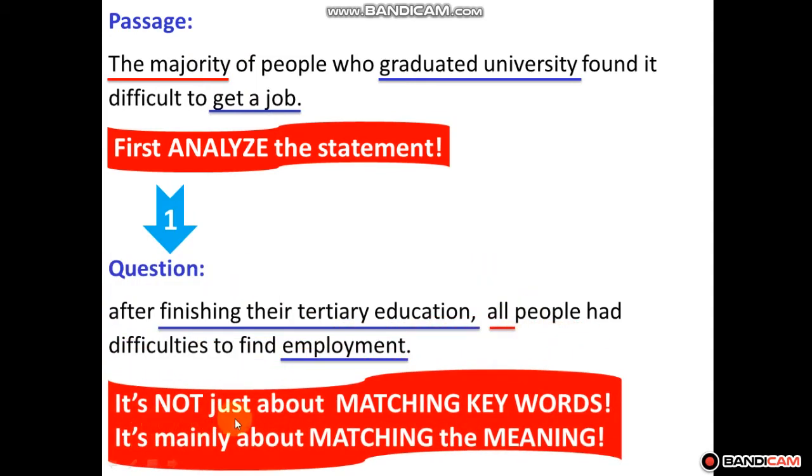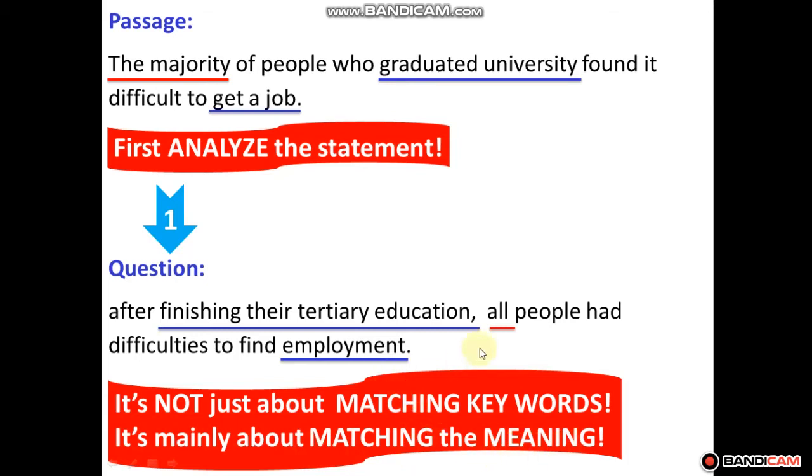The main point of all this is not just about matching keywords. Well, we need to match keywords, of course. I'm not saying you should neglect it altogether, but it's mainly about matching the meaning. Remember my words, dear students. It's about matching the meaning.